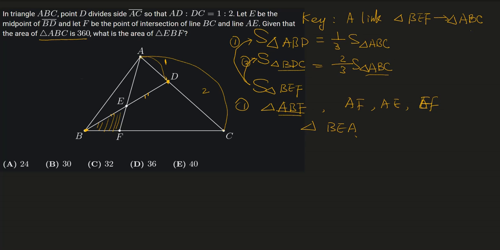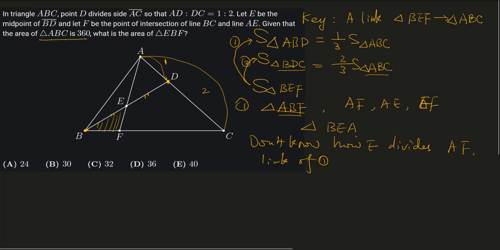But either way, the hard part is we don't know how E divides AF. Do we know that? We don't. We know how E divides BD, but we don't know how E divides AF. Therefore, the link of this relationship is unclear. We can't do much about it unless we know how E cuts AF. So certainly we fail here.